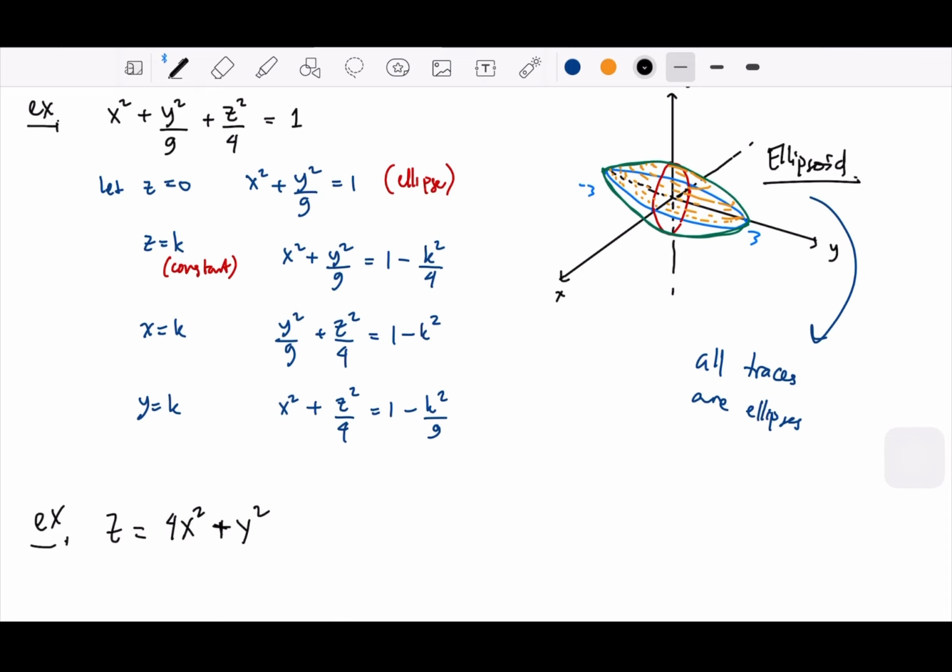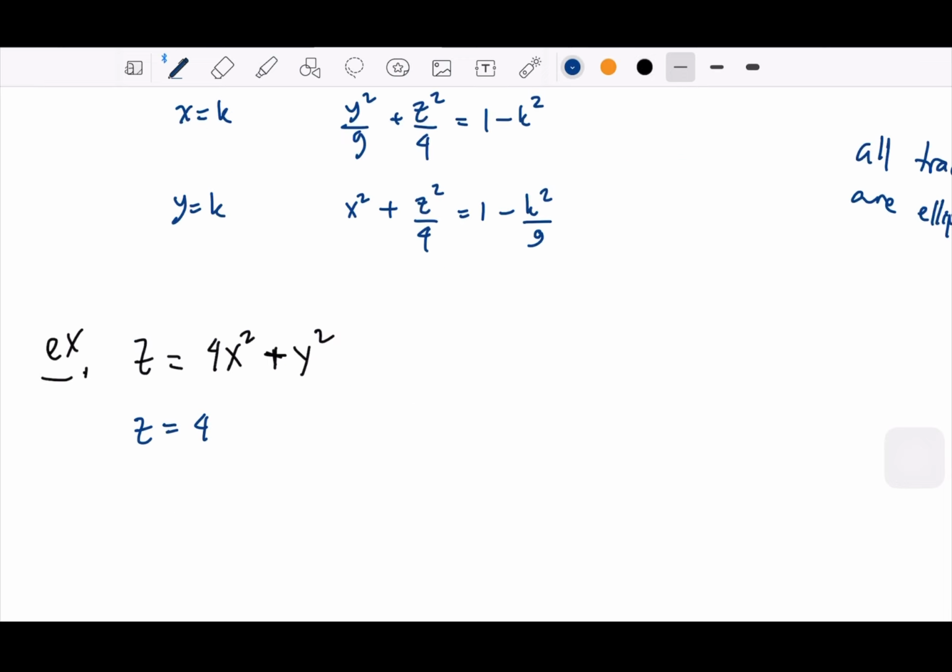Well, we'll see we have at least an ellipse if you take z equal 1, and the other two will be a parabola, right? z equal 4x squared and z equal y squared. Now if we take each equation and observe, we have two parabolas.